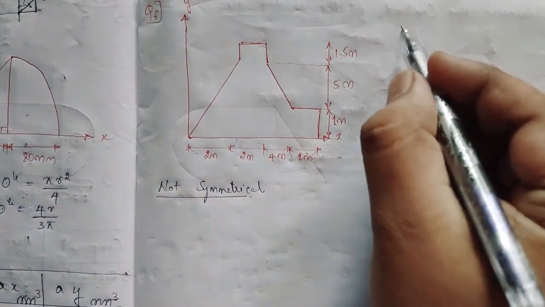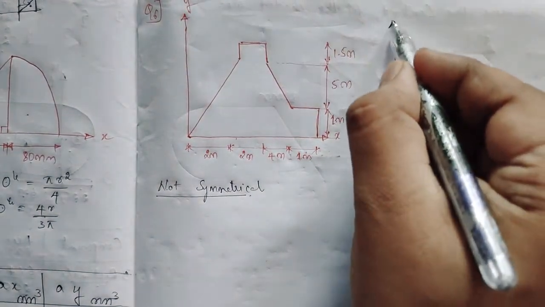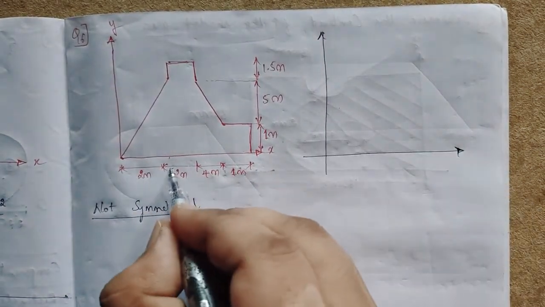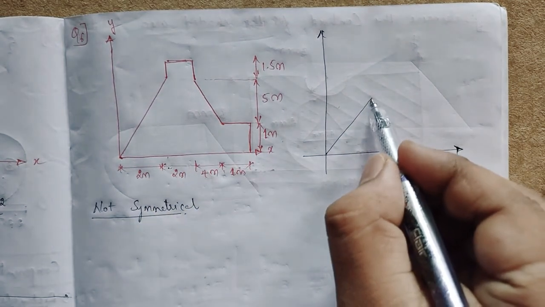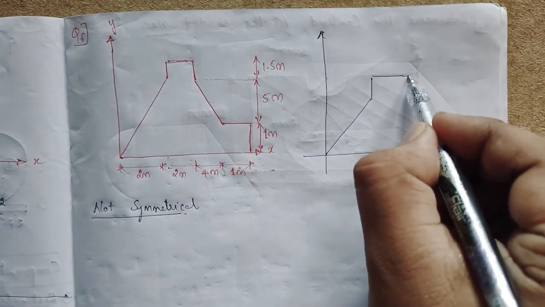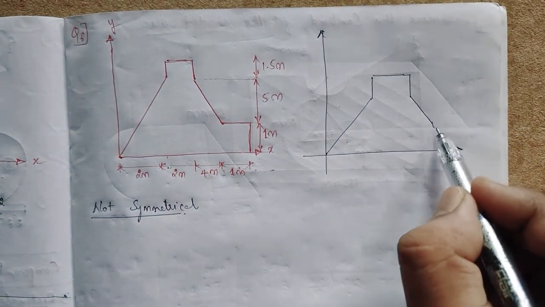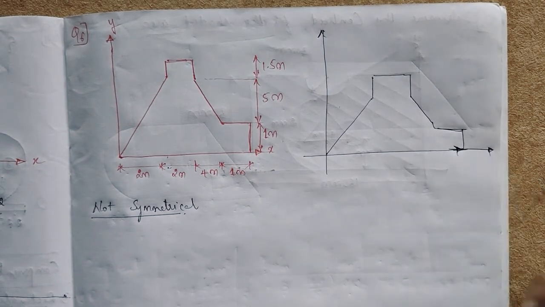So I'll write down the figure once again. For 2 meter it will be a right angle triangle, then it has a bump, then it goes up to here, and there will be one rectangle. Okay, so this is the figure, right?